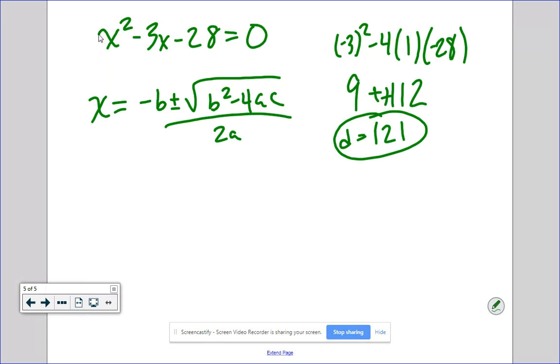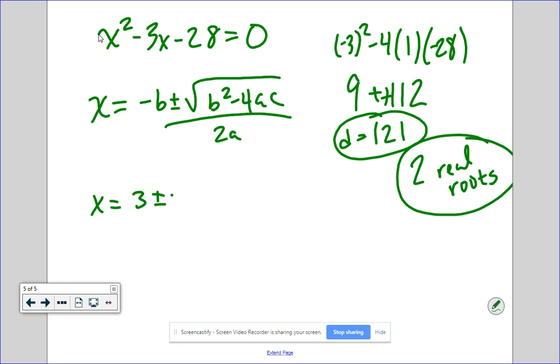Now, 121 is positive. So what type of roots do I have? 2 real roots. There's my second answer. And then I just got to solve now. So opposite of B, plus or minus, square root of 121 over 2. So I get 3 plus and minus the square root of 121, which is 11, all over 2.